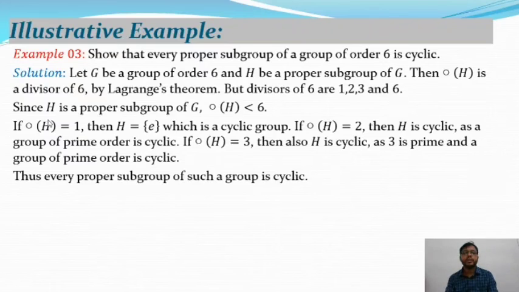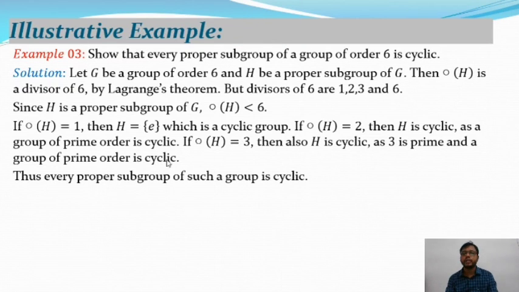Since H is a proper subgroup of G, the order of H is not equal to 6, so it is less than 6. So either the order of H is 1, or 2, or 3. If the order of H is 1, then H is equal to the identity element, H = {E}, which is a cyclic group. If the order of H is 2, then H is cyclic, as a group of prime order is cyclic.